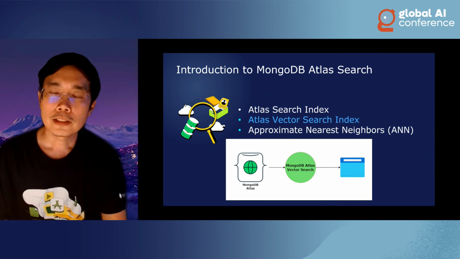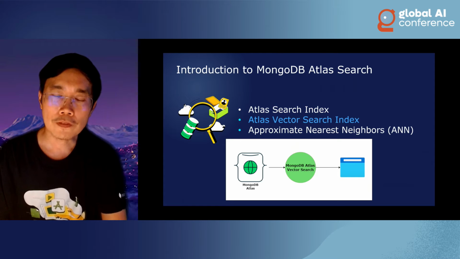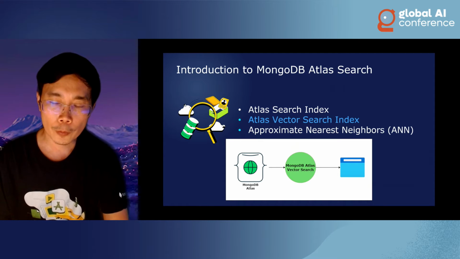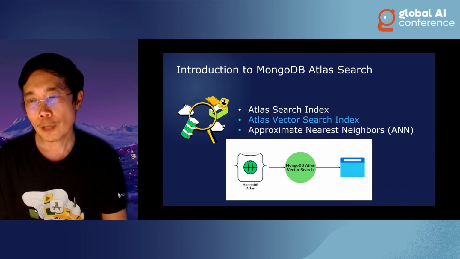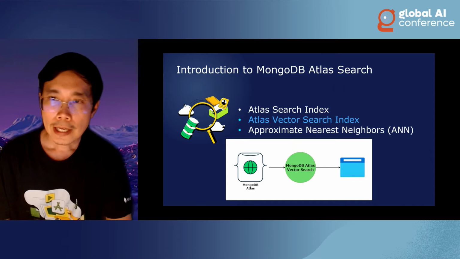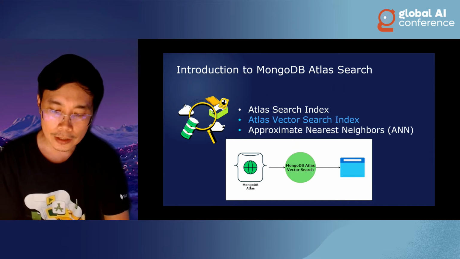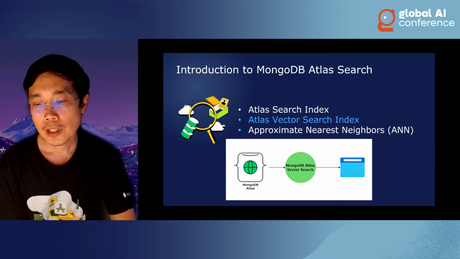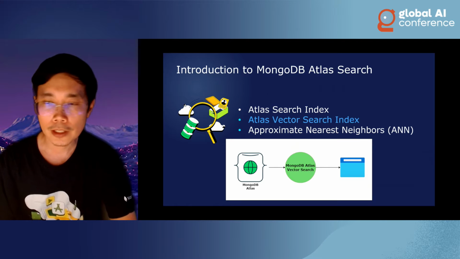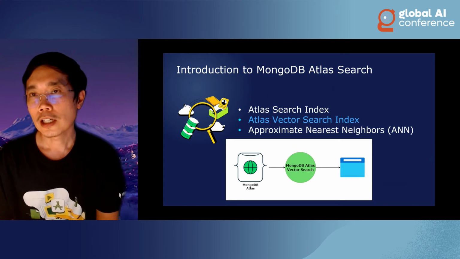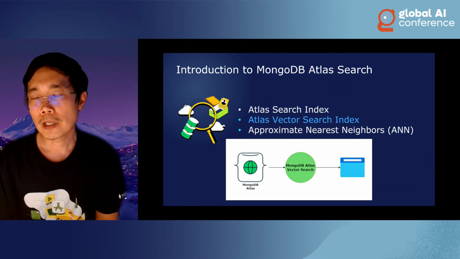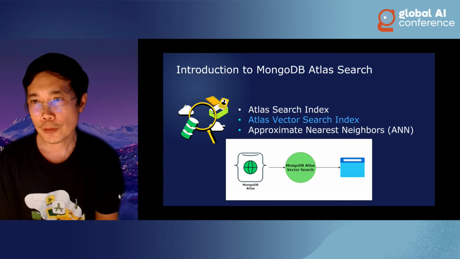Okay. After we understand Azure OpenAI Service, I think you know more already. Now we talk about MongoDB Atlas Search. As you know, MongoDB Atlas is the developer data platform that allows developers to make an end-to-end MongoDB database integration. It has a feature called Atlas Search.